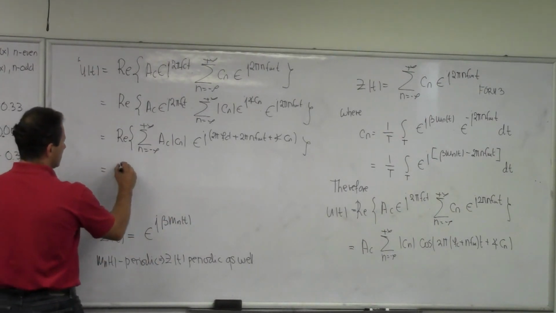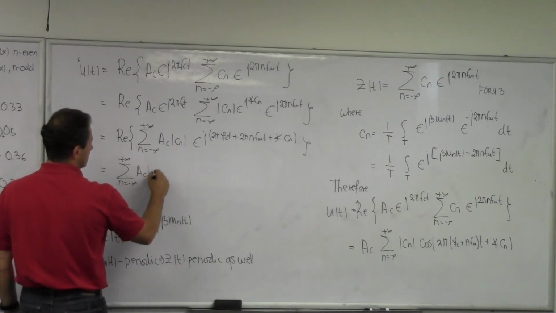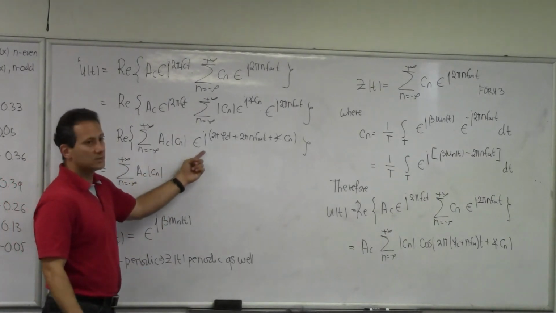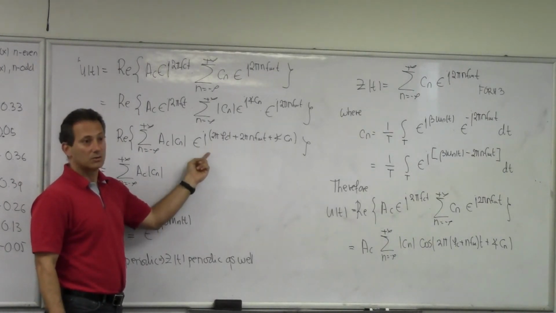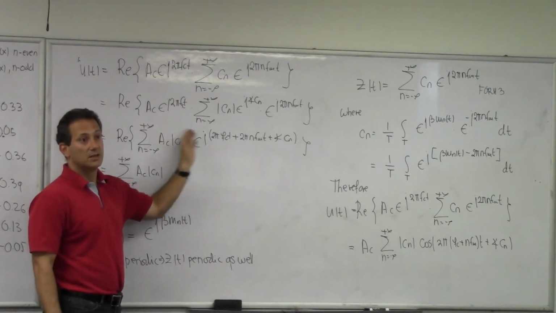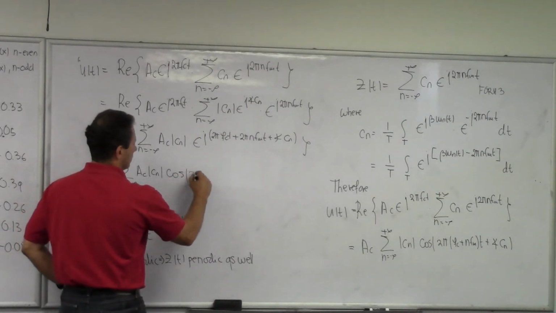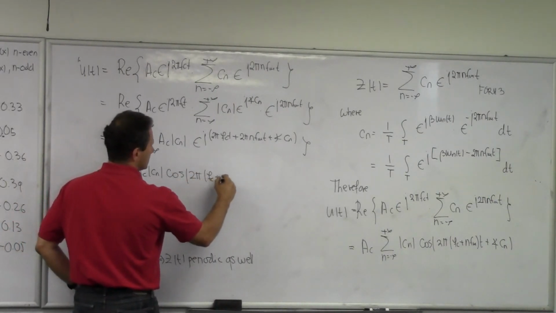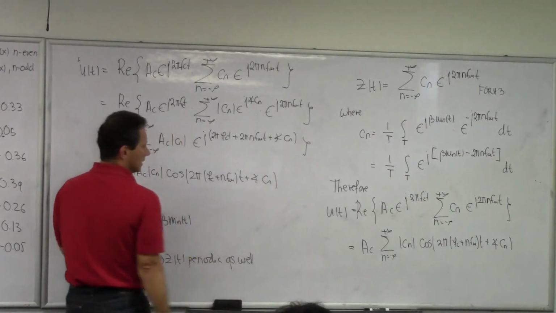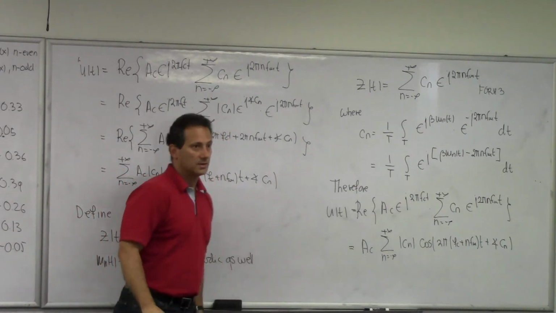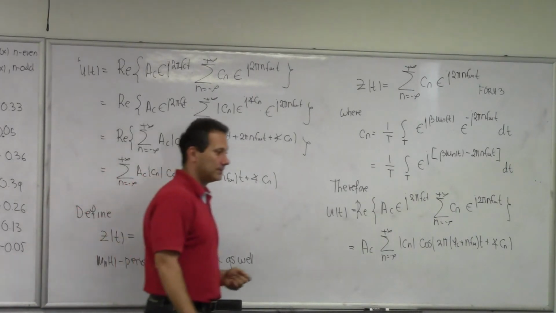So this becomes the sum, n goes from minus infinity to plus infinity, A_C magnitude of C_n. And what's the real part of this? This is e to the j x, so there's cosine x plus j sine x. The sine goes away, so all that's left is a cosine. So there's a cosine of 2 pi (F_c plus n F_m) t plus the angle of C_n. And that's what I have here. Right, the same. Okay, a couple of steps.